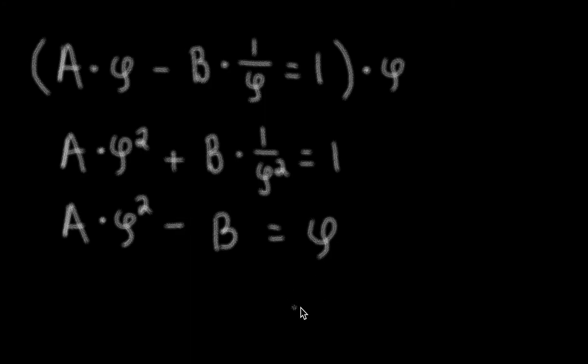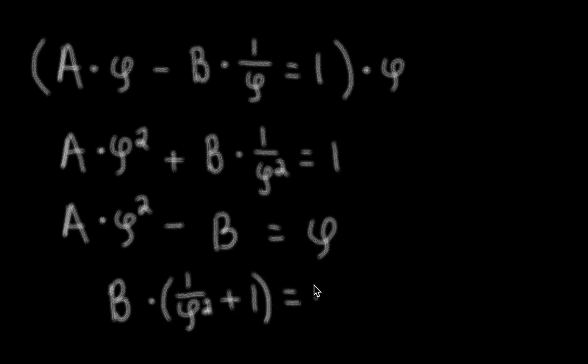What I'll do next is subtract these two equations. Of course, these two terms will cancel when I subtract. Here we'll have b times 1 over phi squared, and then minus a negative b. So that's going to give me b times (1 over phi squared plus 1), and then 1 minus phi.